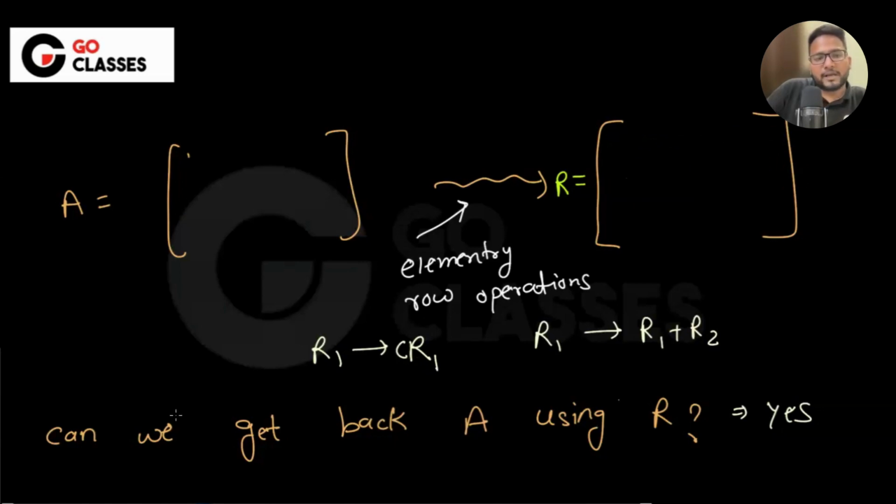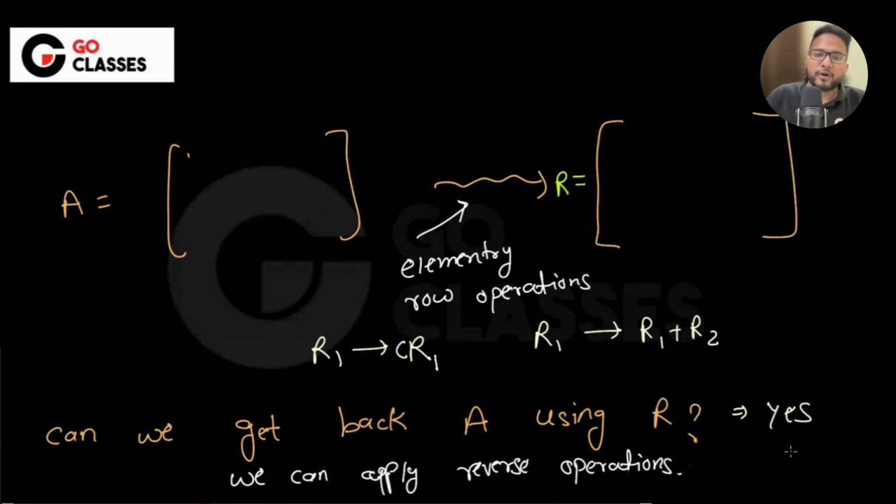So in whatever way we have done, we can just apply the same number of operations in the reverse form. If it is plus, then maybe minus. If it is multiply, then maybe divide, something like that, right? So I can say we can apply reverse operations. Is this fine to everyone? Let me know.